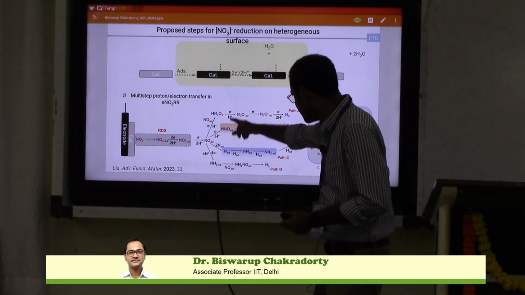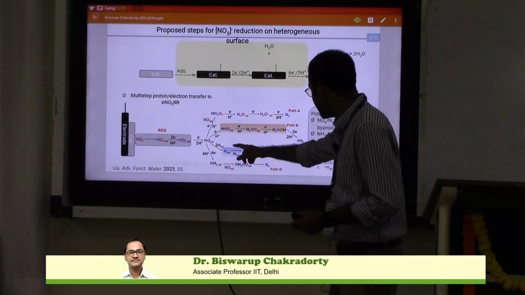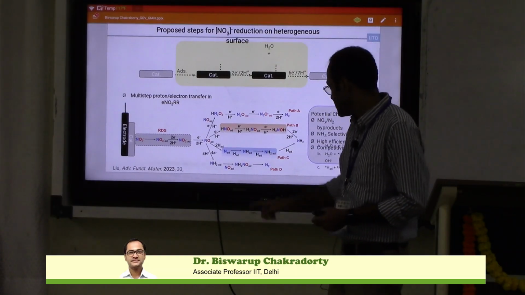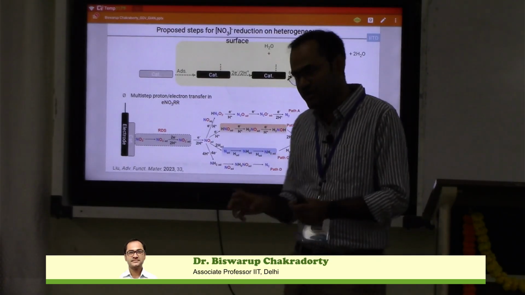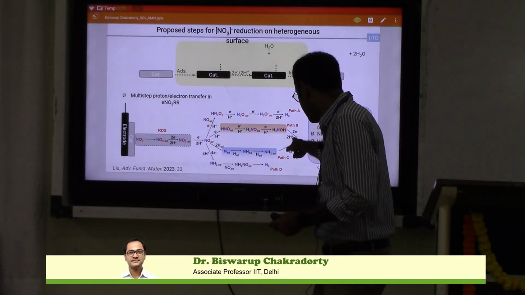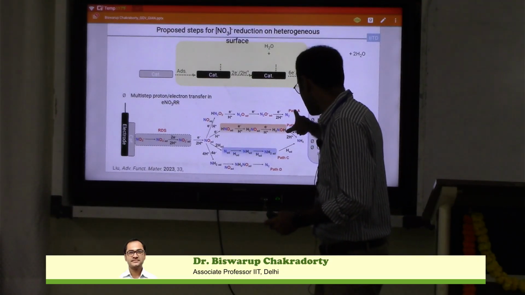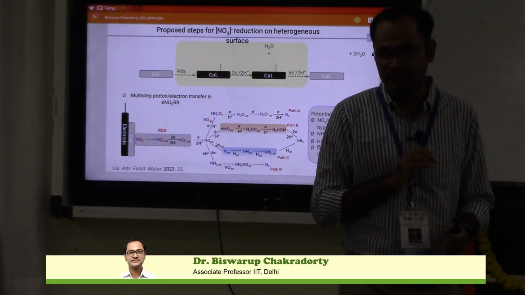On the other hand, if you do stepwise electroreduction, then you can end up with ammonia, but there is a chance that you will be losing some of the product if you cannot control the pathway towards either this or towards this. That means we have 4 parallel pathways for nitrate reduction.